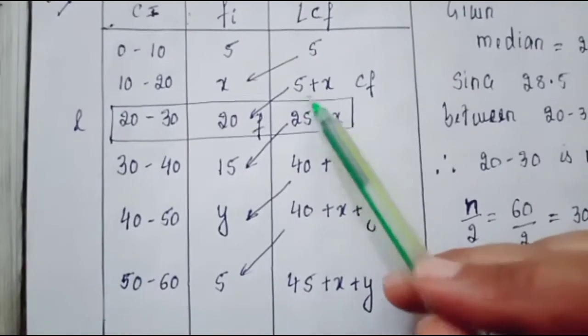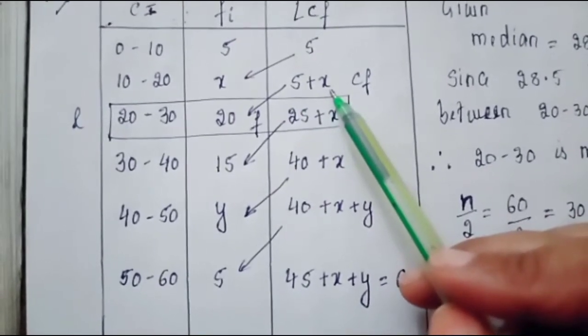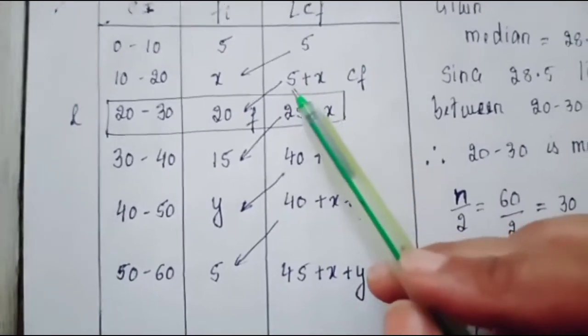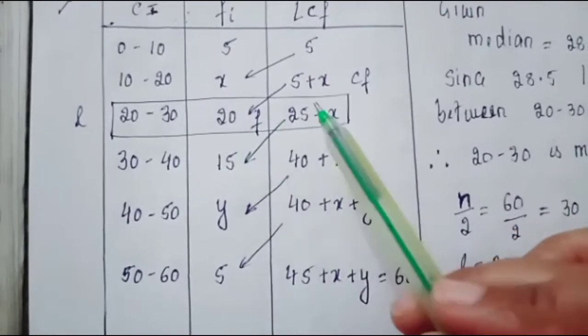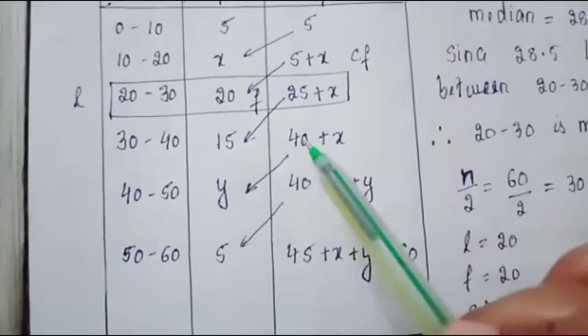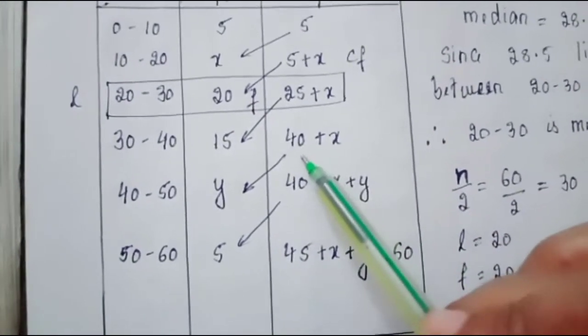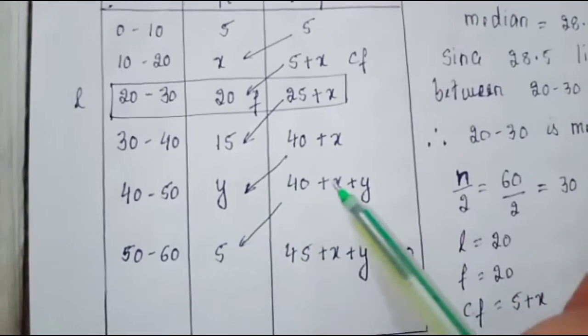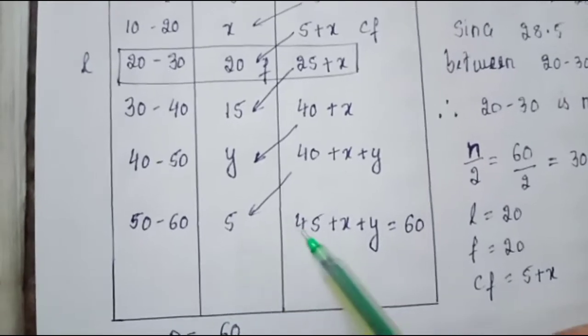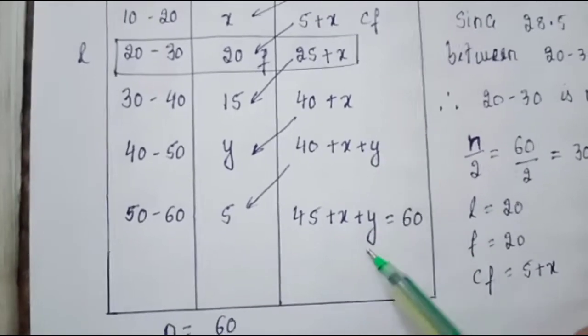Be careful, don't write 5 plus x as 5x, it is wrong. Write it as it is, 5 plus x. Then 5 plus x plus 20, that is 25 plus x, then 25 plus 15, 40 plus x, then 40 plus x plus y. And again 40 plus 5 is 45 plus x plus y.